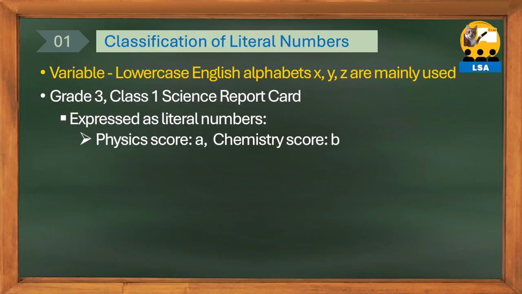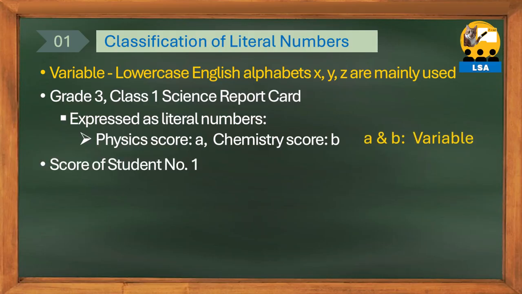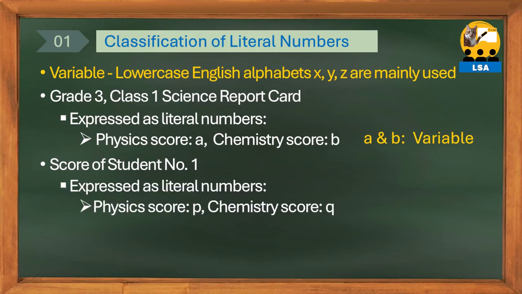Therefore, the literal numbers A and B at this time are variables for the score of student number 1. If we say that the literal numbers P and Q express physics score and chemistry score, then the literal numbers P and Q at this time are constants. This is because student number 1's science scores are already determined.